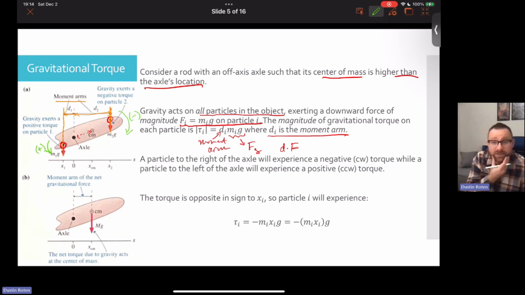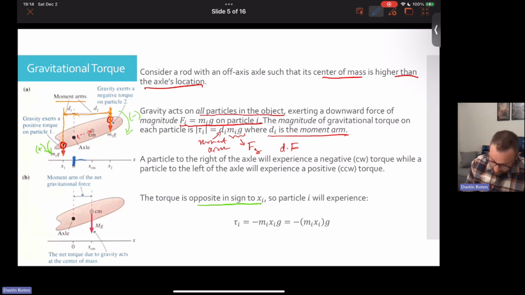Now here's the trick where the sign comes in. The torque in this situation is actually opposite in sign to x. You'll notice that our origin is here at the axle. Let's label it in blue. Here is our origin, and that's also where the axle is.